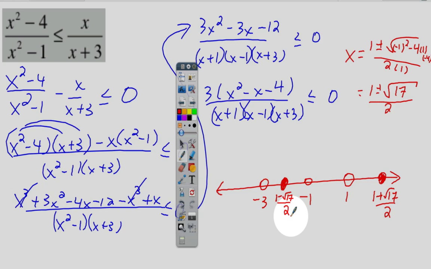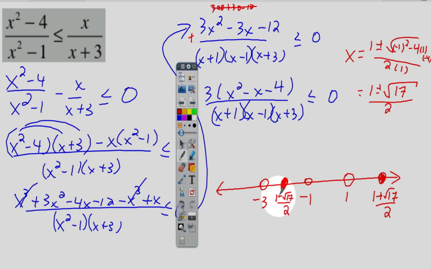Now we have to get to the work of figuring out where this thing is true. So let's take negative 10. When you look at negative 10, you're going to get 300 plus 30 minus 12. So that's going to be positive. The top will be positive.